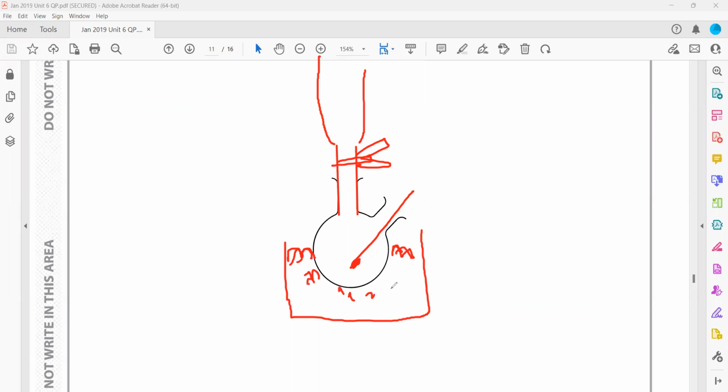Like crushed ice is there, and then the reaction mixture in this flask. It should be labeled whenever you draw. You should draw a labeled diagram.